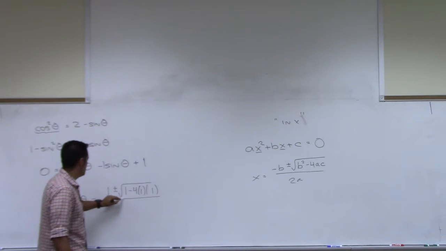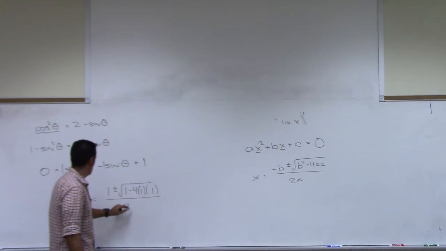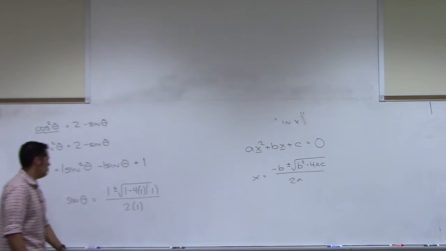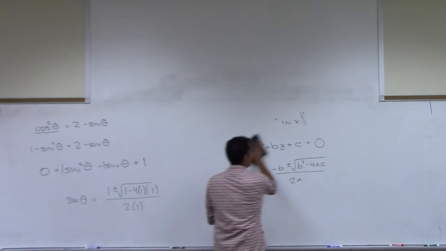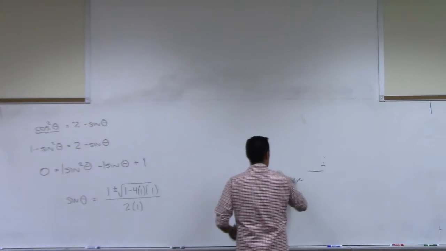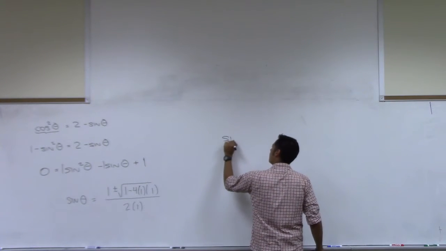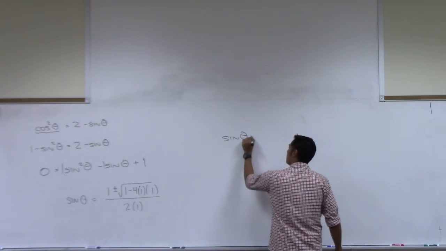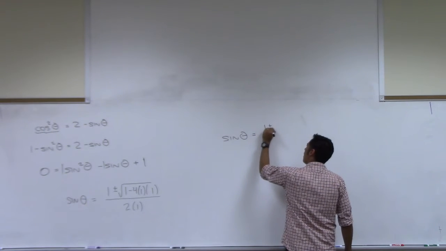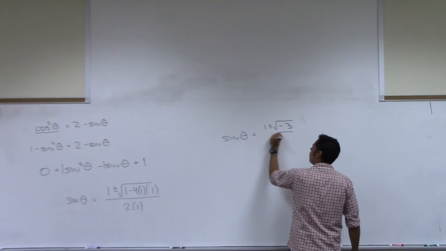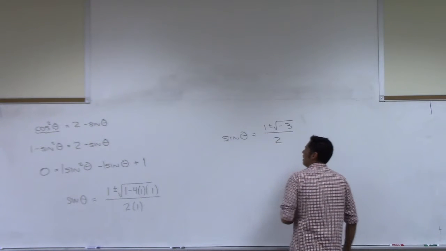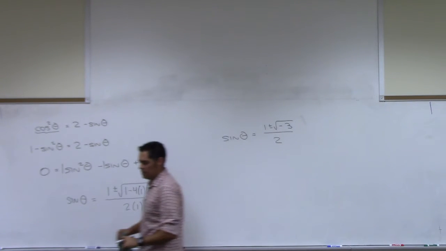All over 2 times 1. And what do we get here? Uh-oh. We got problems. Are we getting an imaginary number in here? Sine theta is 1 plus or minus the square root of negative 3, all over 2. And that's an imaginary number.